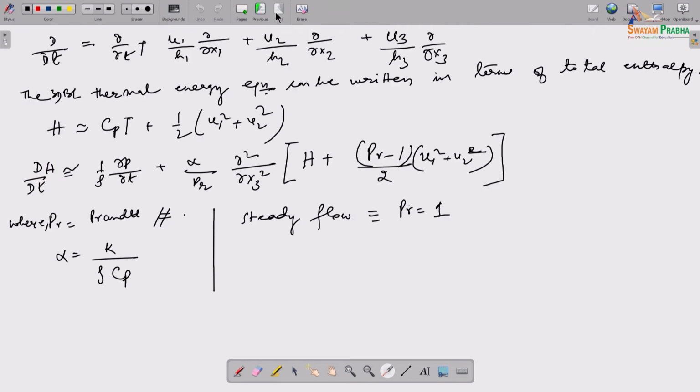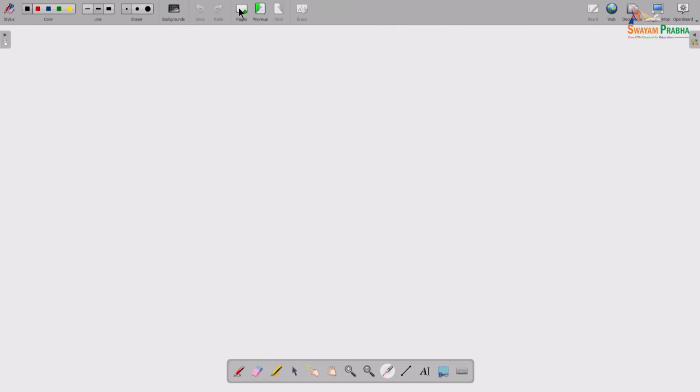So now the pressure gradients must be matched to the free stream velocity.